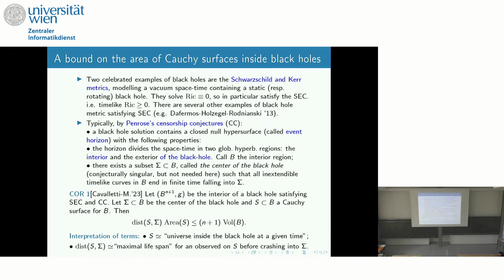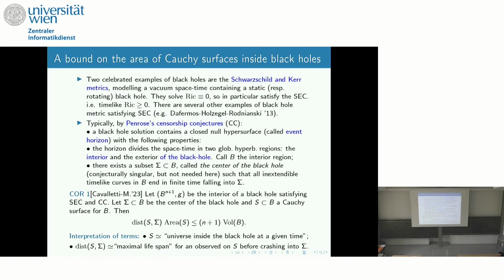Okay, so a Cauchy surface S should be thought of as the universe inside the black hole at a given time. So basically, if you are unlucky enough to be inside the event horizon of the black hole, you look around you, you look at the universe that you can see around you, and at a given time, this is S. So this area of S is the three-dimensional volume that you can see around you when you are inside a black hole.